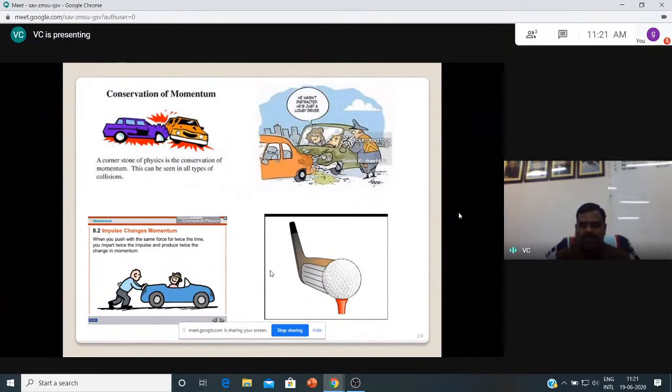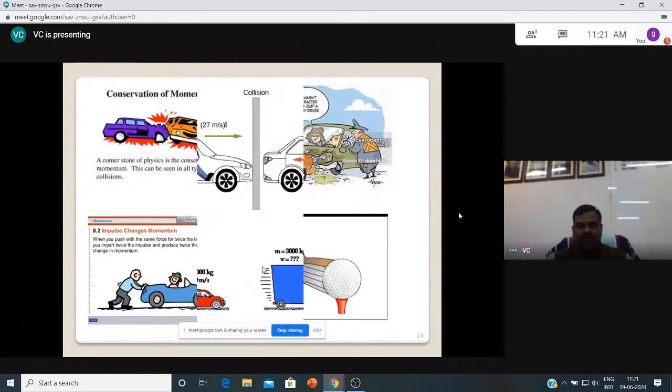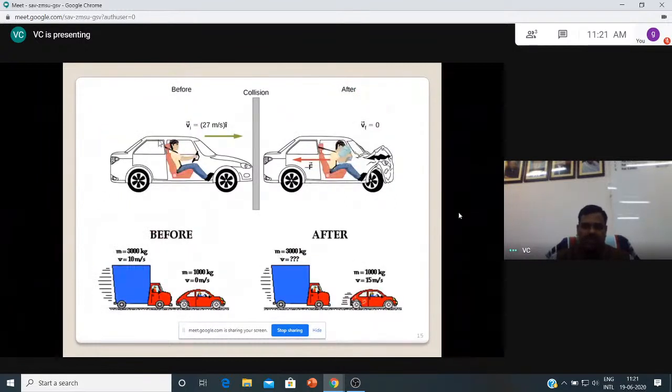Impulse momentum can be considered as the change in the conservation of momentum concepts. Here, before and after the collision takes place. See, before the collision there is an impact.